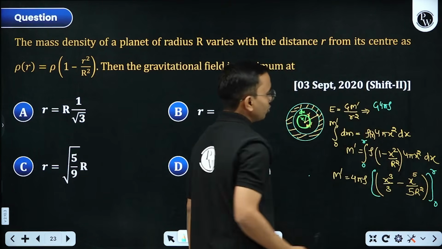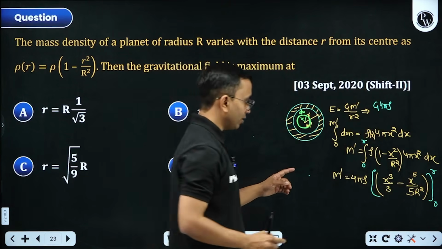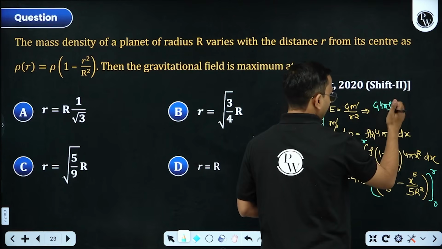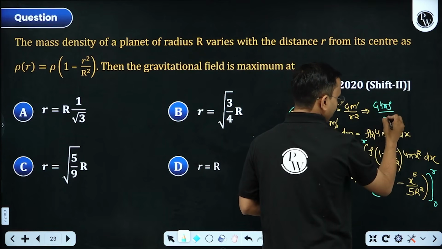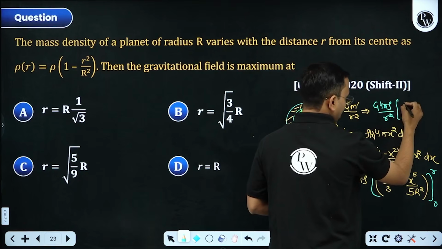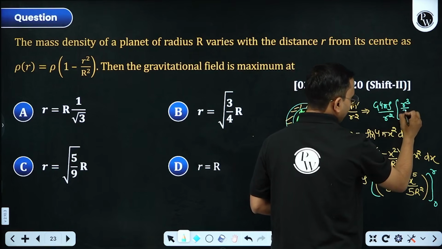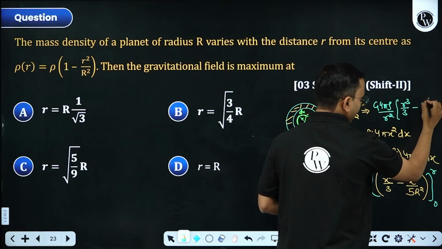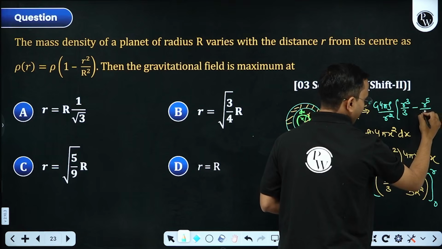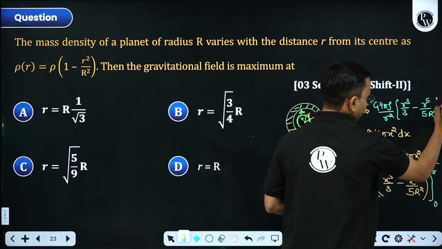So this will become r cube by 3 minus r to the power 5 by 5 r square. So put it there. By r square, and inside it will be r to the power 3 by 3 minus r to the power 5 by 5 r square.